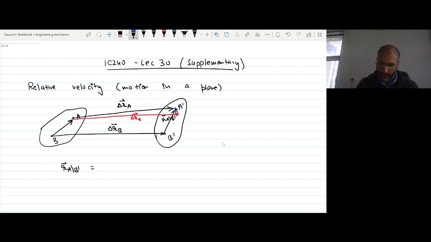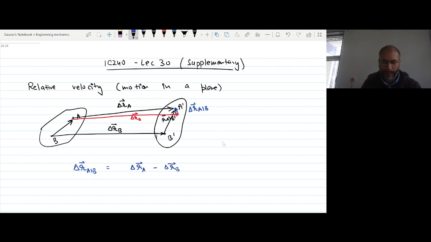So this vector, that's the change delta R A with respect to B. Let's write that one.